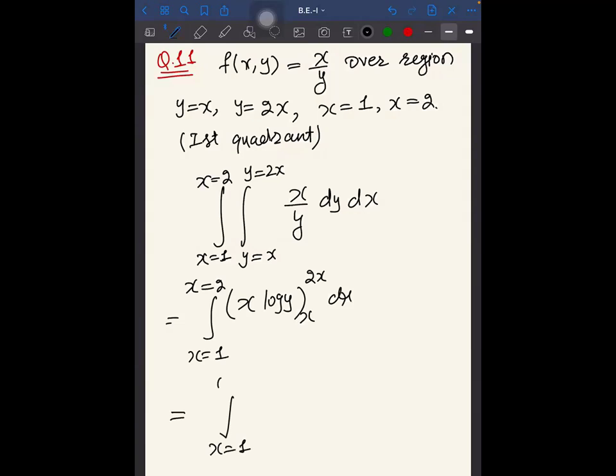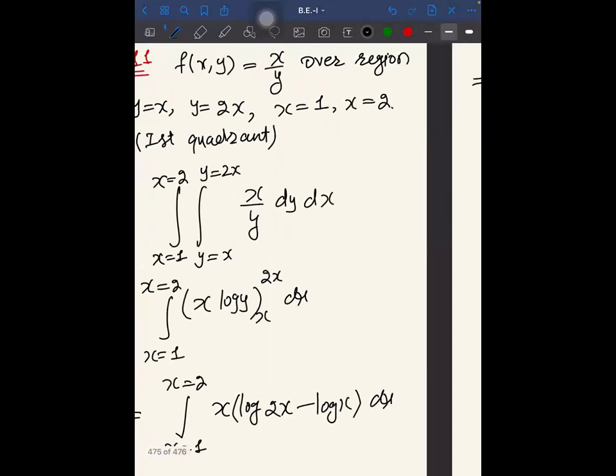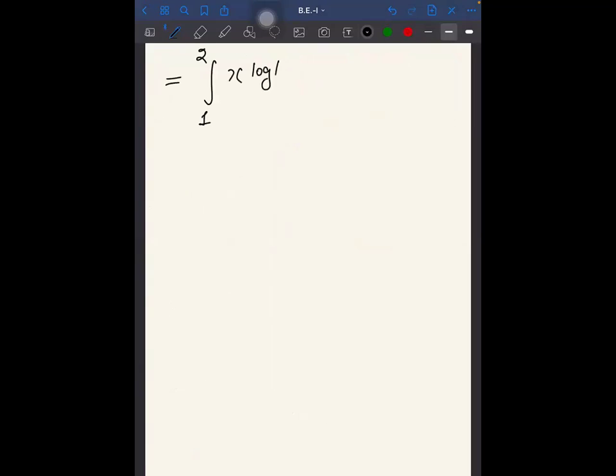X is 1 to 2, and that would be what? Log 2x minus log x, dx. Fine. So we can write it as 1 to 2 and x log 2x by x dx.